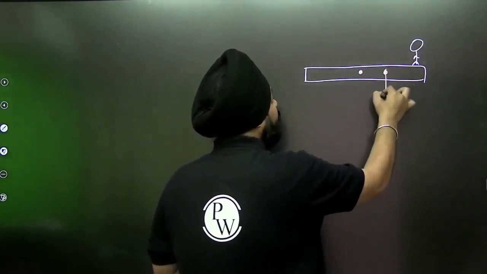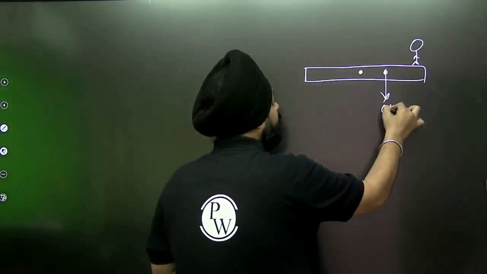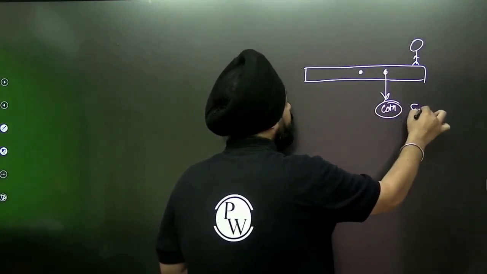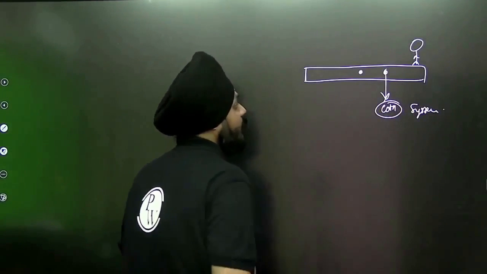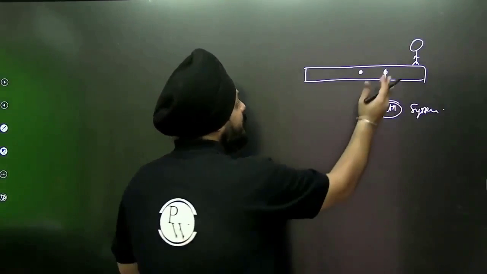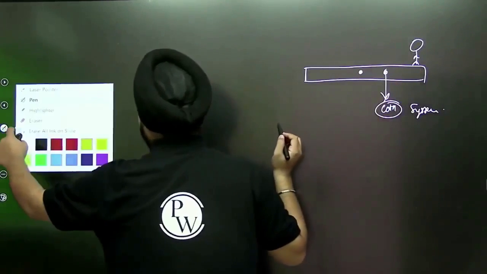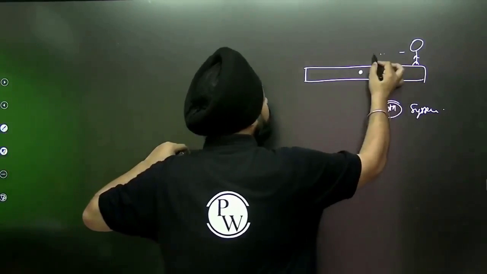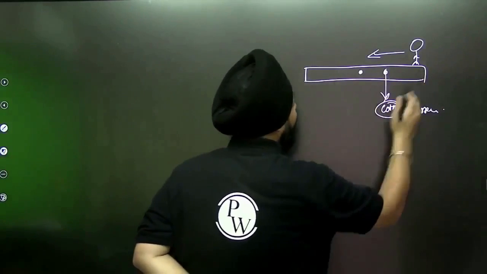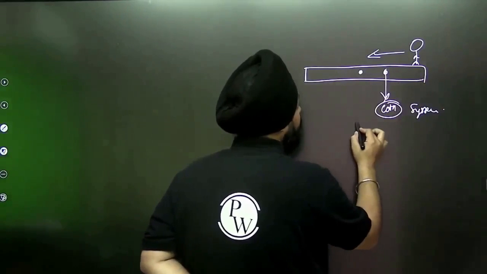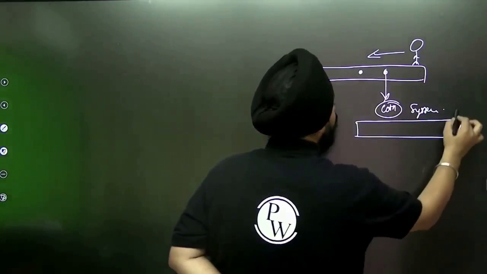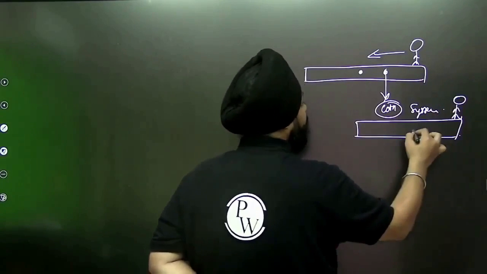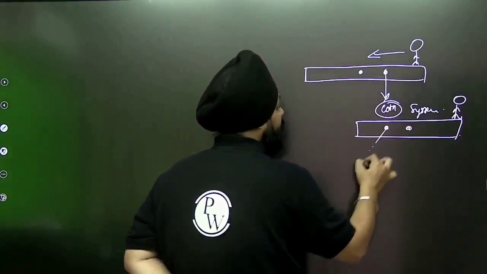This is the center of mass of the system. Let us take an example: the person is moving towards the left side, so obviously the plank is going to displace. Suppose the person reaches the right side.